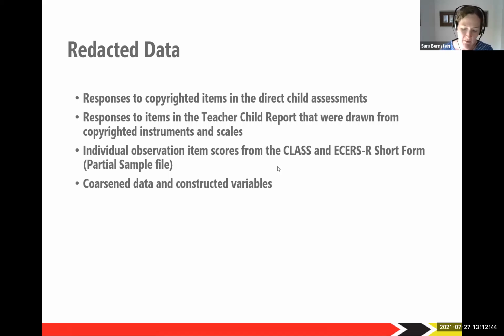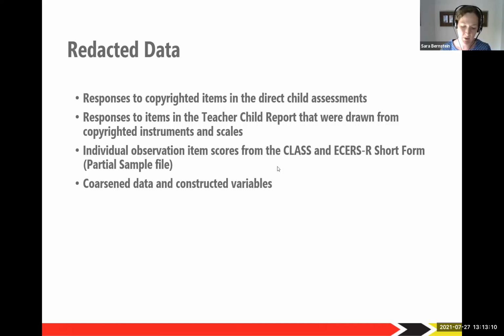So some of the item level variables beyond those mentioned here are not included on the file. For example, some variables were coarsened to protect confidentiality. One example of that would be teacher race categories with very low incidence were collapsed into other. Additionally, some item level information like income is included as a composite variable rather than several item level variables.